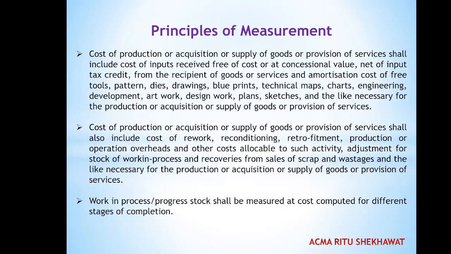Why are cost accounting principles used? Because in process costing we have studied that if they have given the degree of completion, then it's okay, we will take that, but if degree of completion is not given, then as per the cost accounting principles we will assume that material is 100% consumed and conversion cost is 50% complete.